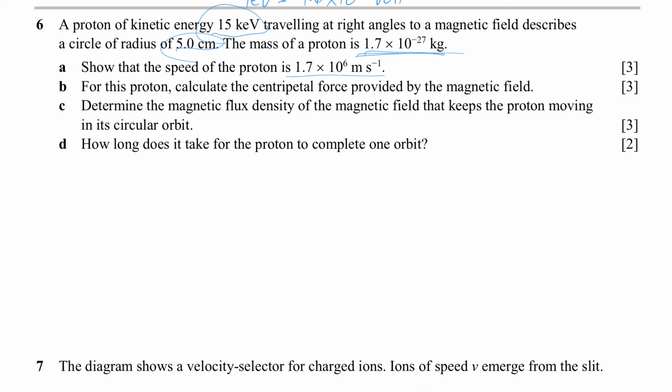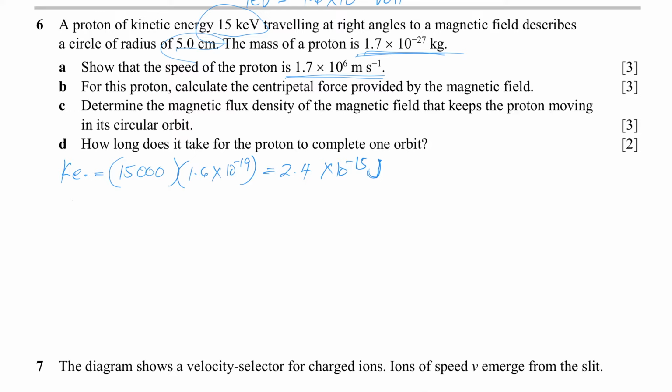Show that the speed, so we're going to calculate that speed. So we need the kinetic energy. Kinetic energy, we are going to solve that first. It's in terms of electron volt, so 15K means 1000 multiplied by 1 eV, 1.6 times 10 to the negative 19. It will give us around 2.4 times 10 to the negative 15 joule. Okay.